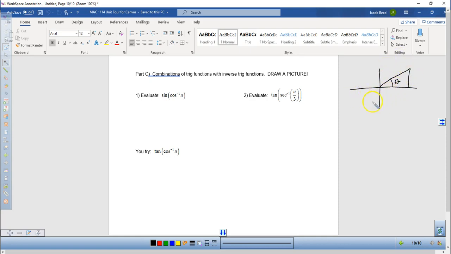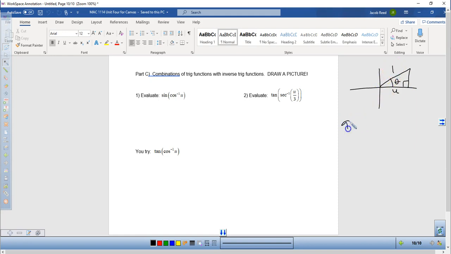Cosine is adjacent over hypotenuse, which means this would have to be the letter u, and the hypotenuse would have to be the number 1 for this to be u over 1, which would give me u. Sine, however, is going to be opposite over hypotenuse. I do not know what this side over here is, but I can find it using the Pythagorean theorem, because this is supposed to be a 90-degree triangle.